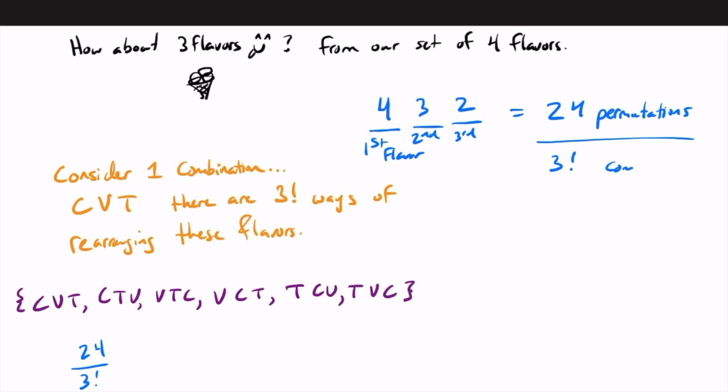This would be combinations. So this would be 24 over 3 factorial, 6, which equals 4 combos.